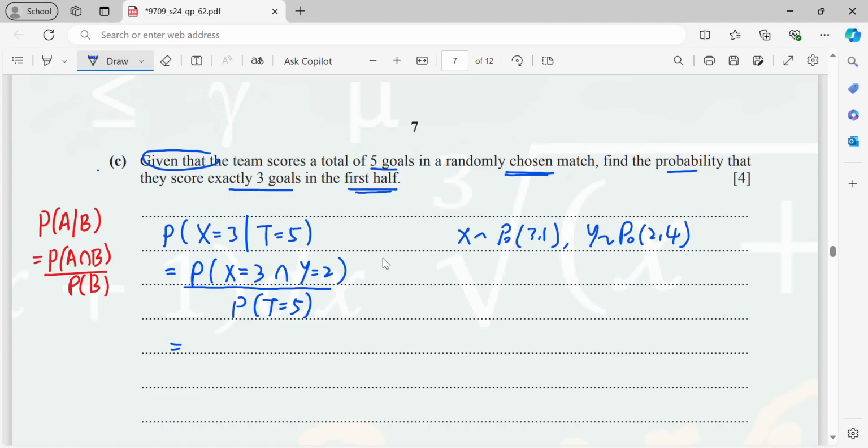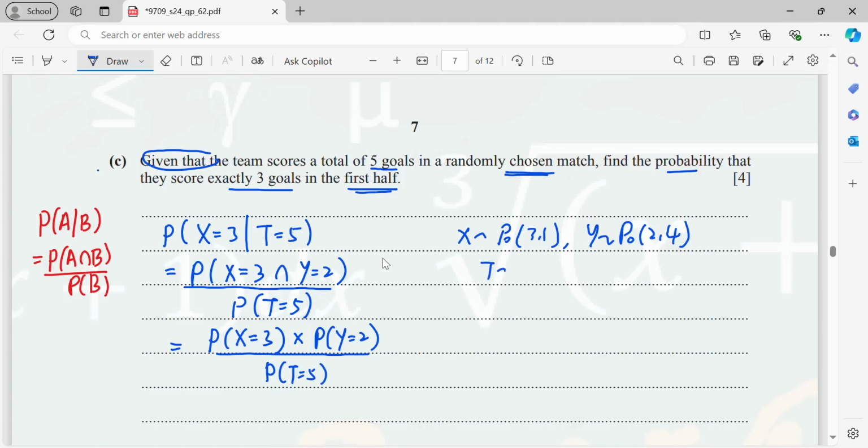So now P(x equals 3 and y equals 2). Since they are independent, this becomes P(x equals 3) times P(y equals 2) over P(T equals 5). Whenever events are independent, for the intersection you can just multiply.